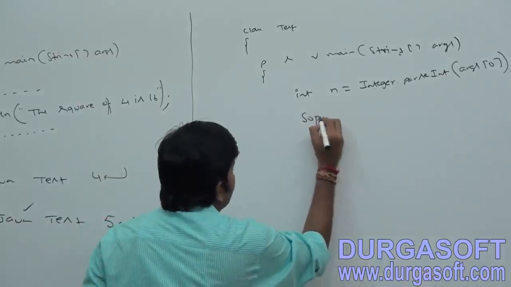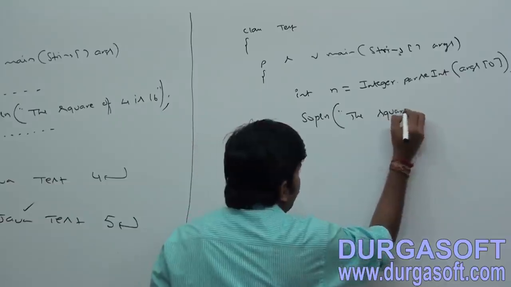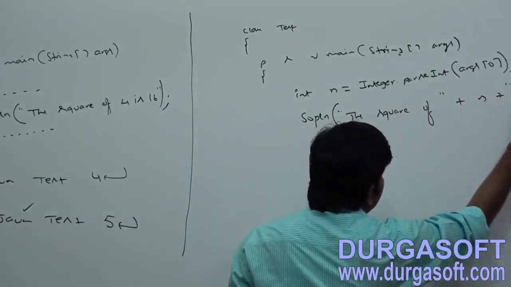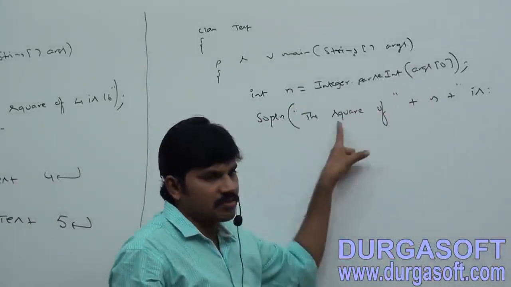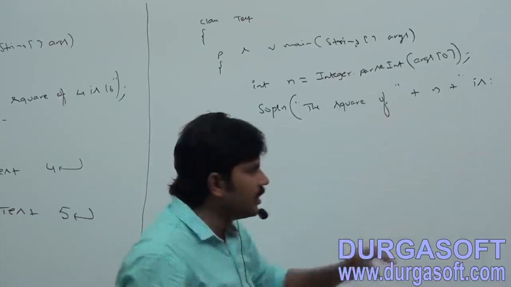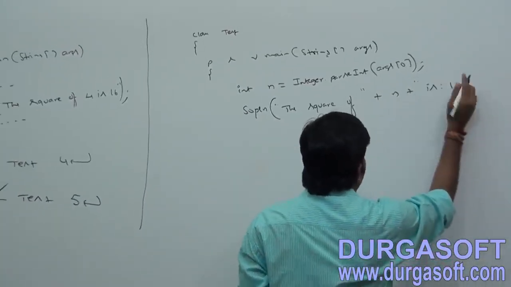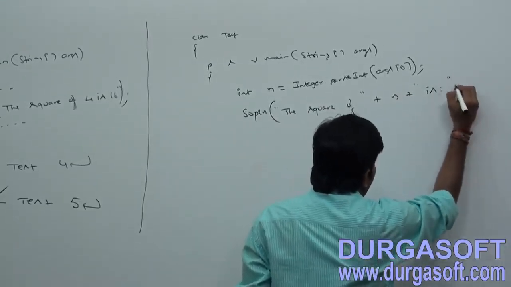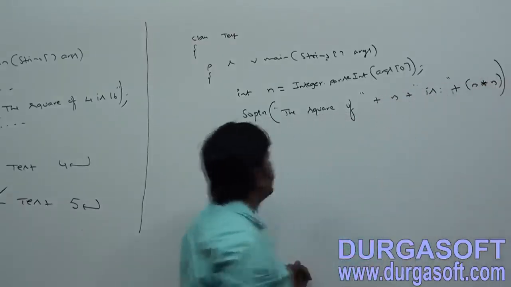Now System.out.println: the square of n is, whatever value you are passing. The square of 4 is, the square of 5 is. Can I spell out what the square of n is? So plus n into n. Are you able to understand, right?